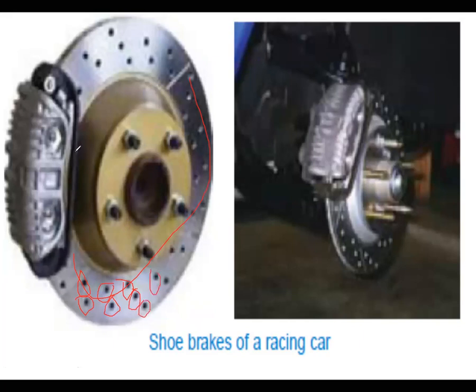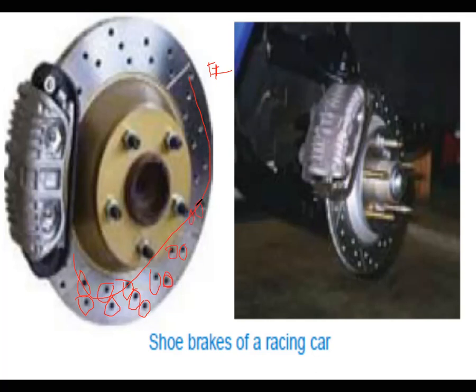Heat dissipation is needed because whenever the shoe brake is contacting the drum or wheel, there is more frictional force, which means more heat energy. It could not be continuous, and the heat could not be allowed to rise beyond a particular level.